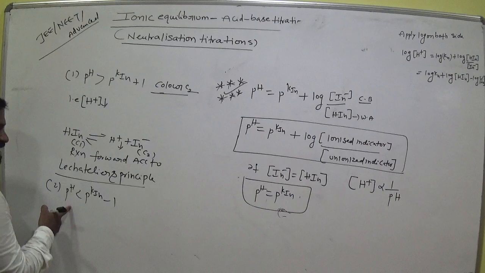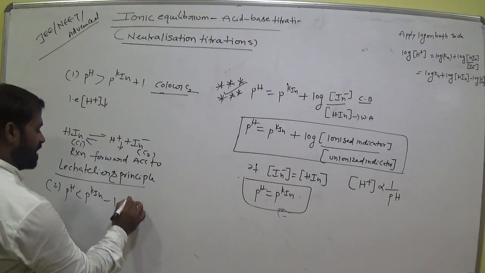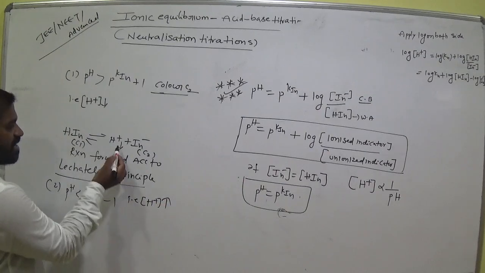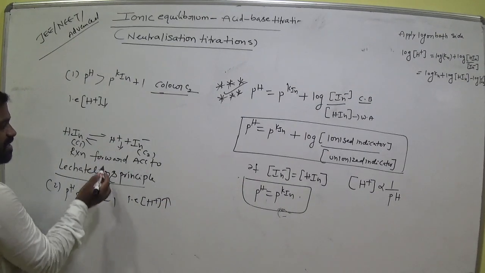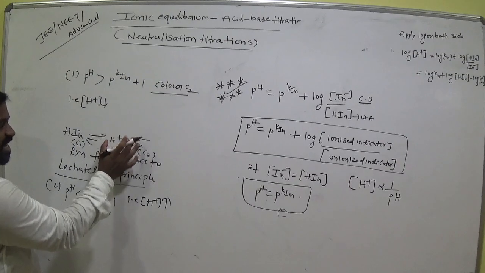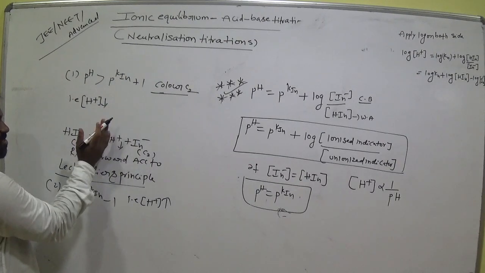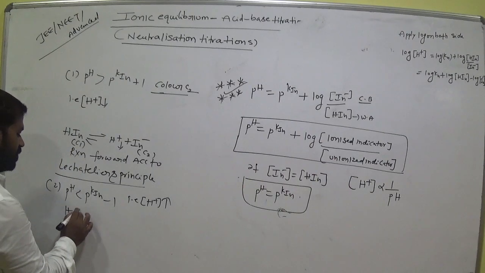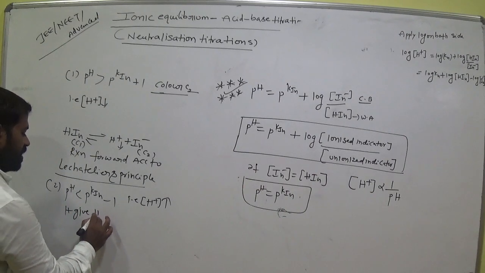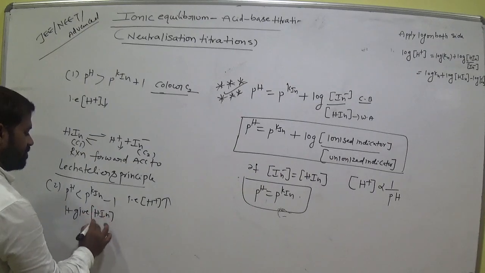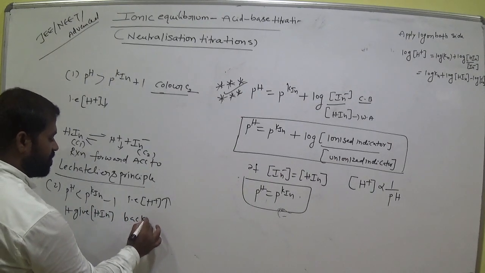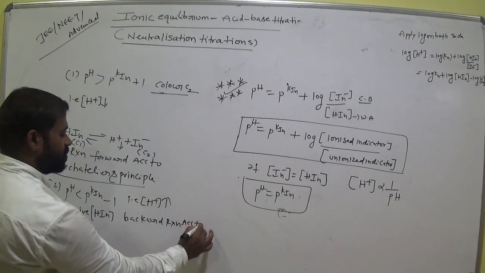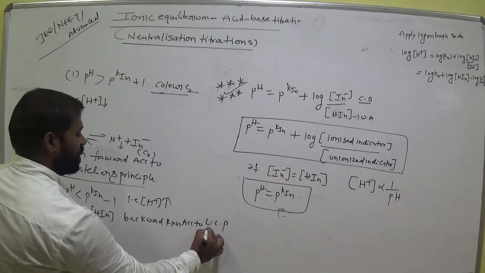That means pH is less, which means the H plus ion concentration is high. H plus ion concentration is high means the product concentration is high. Product concentration is high means the reaction moves towards the backward direction, giving HIn, a backward reaction, according to Le Chatelier's principle.